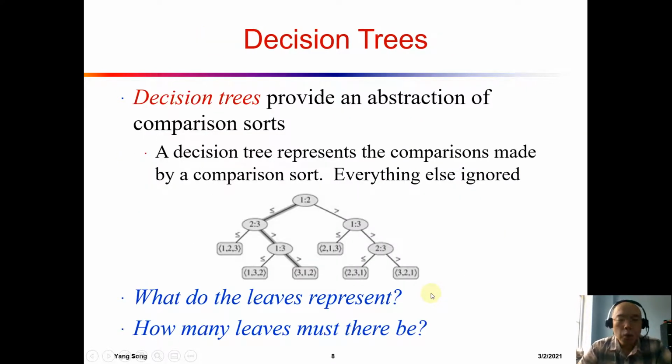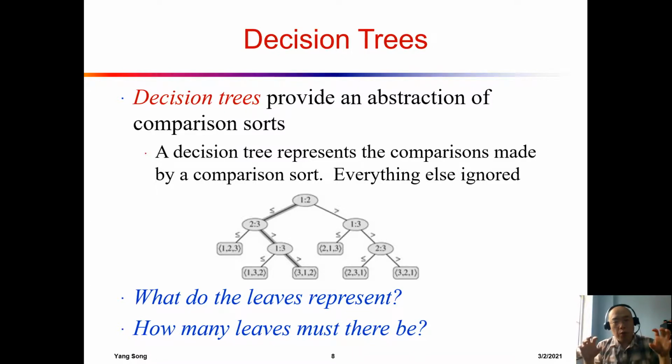So how do we understand this? Let's try to envision the sorting process as a decision tree. It doesn't matter whether you are doing merge sort or heap sort. In memory, when we are doing this sorting, we have to go through a sequence of comparisons.